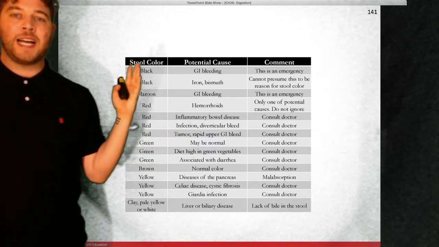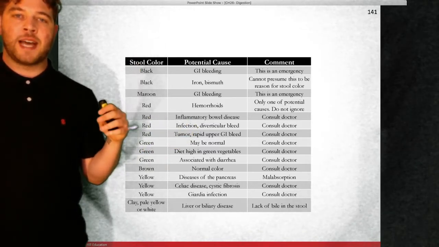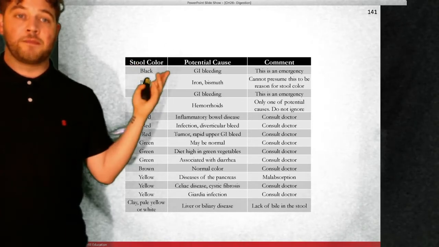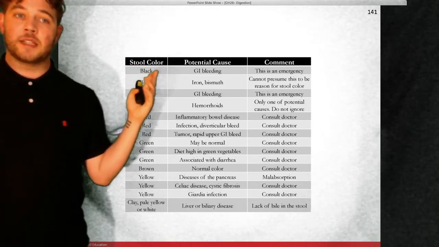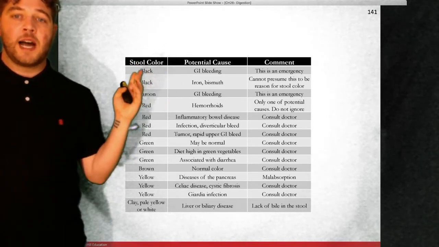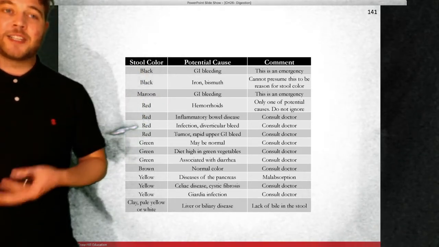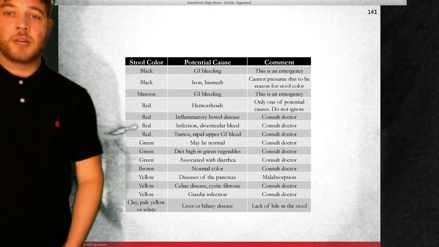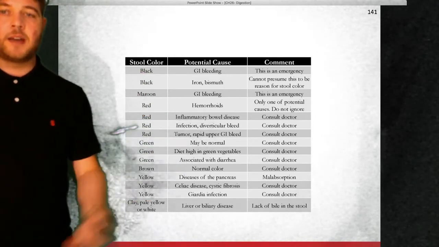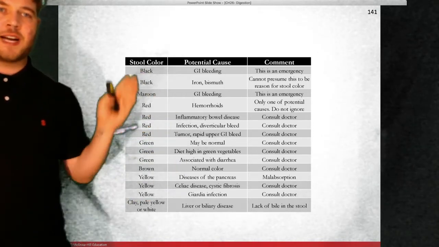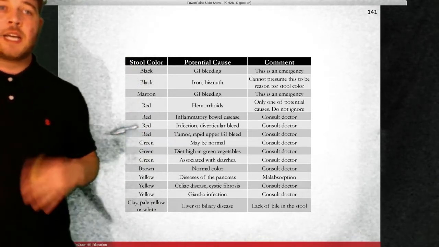If it is black or dark, that means it is happening higher up, especially if it's from bleeding. If it's black or maroon, a dark color, that means it's had time to coagulate, so it's higher up and can be even more severe. They're all severe. If you're bleeding, that's bad. But that's why it can go from black to maroon to red and all be blood.